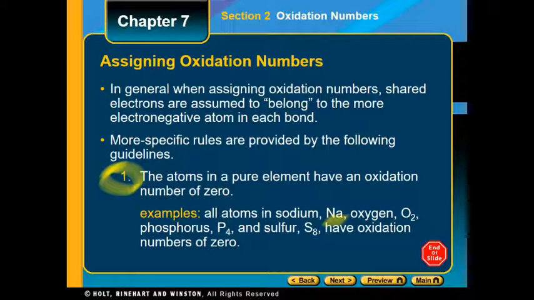There are some allotropes out there. Here's one for phosphorus, P4, and another for sulfur, S8. Again, these are neutral compounds. They contain the same atoms of the same element, and so the oxidation state is 0. That is rule number 1.